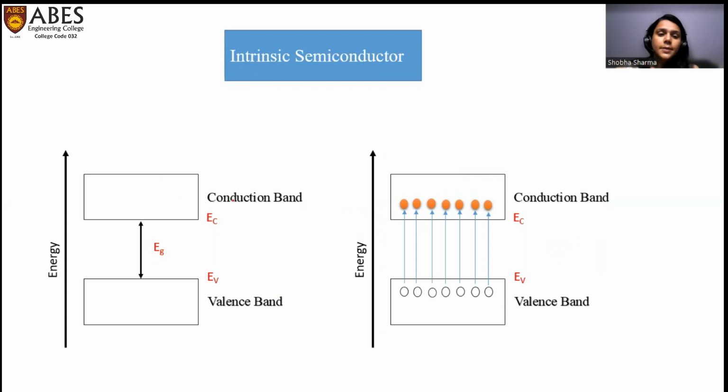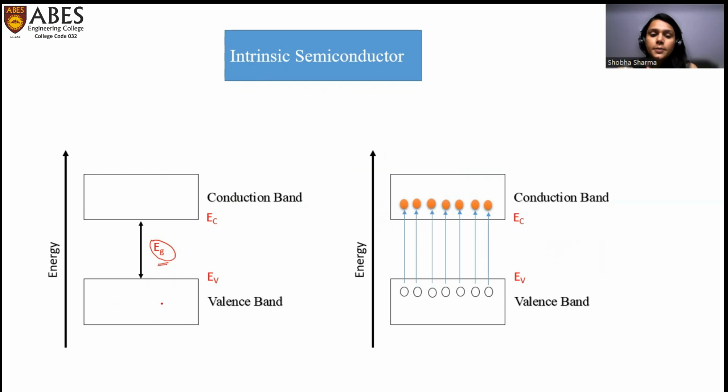In an intrinsic semiconductor, if we take the temperature to be zero, we see that no electron in the valence band will gain sufficient energy to cross this energy gap. The gap is very small, but an electron needs at least a little amount of energy to cross it.